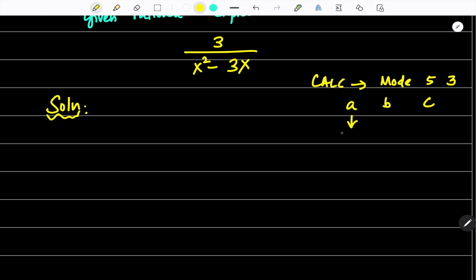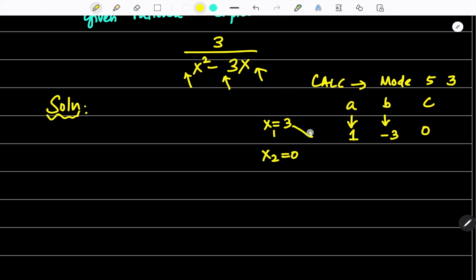So what is your a? Coefficient of x square, 1. Coefficient of x, which is minus 3, and there is no constant, 0. So you press this and you will get x1 is equal to 3 and x2 is equal to 0.